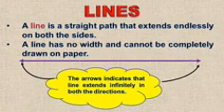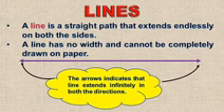A line has no width and it cannot be completely drawn on a piece of paper. In practice, only a portion of a line is drawn and arrow heads are marked at its two ends, indicating that it extends infinitely in both directions.